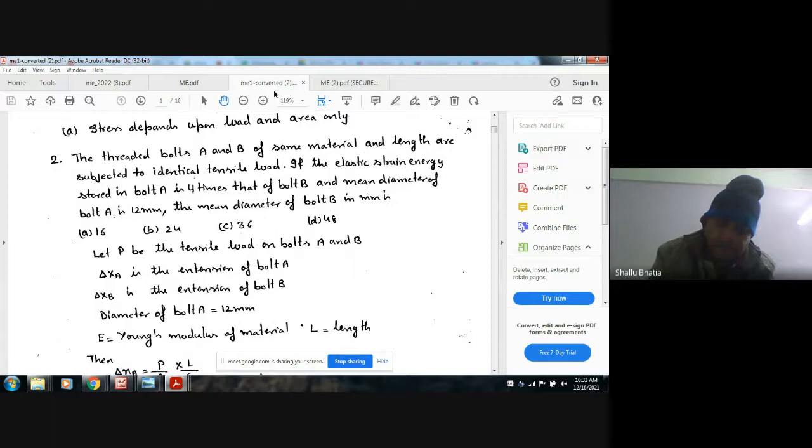Here it is given that both the bolts are subject to identical load, so P is the tensile load acting on bolts A and B, and both have the same material.